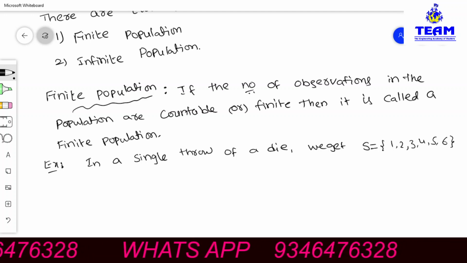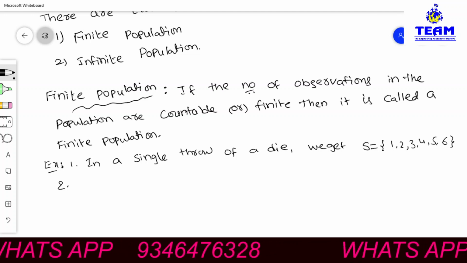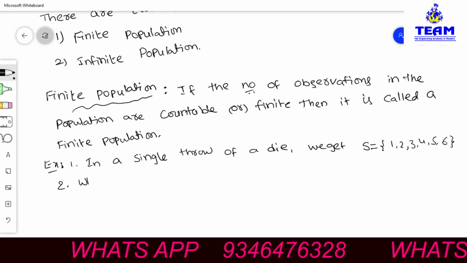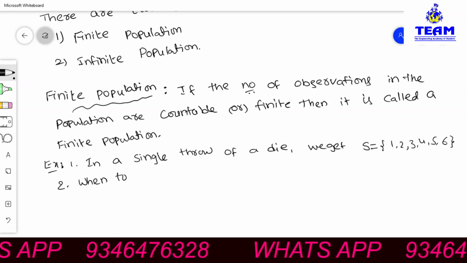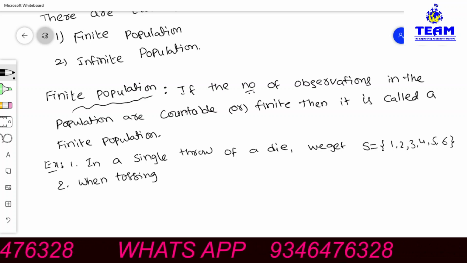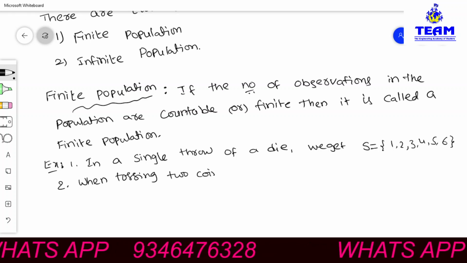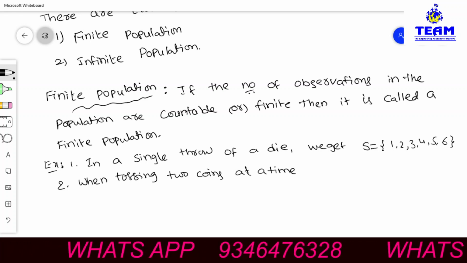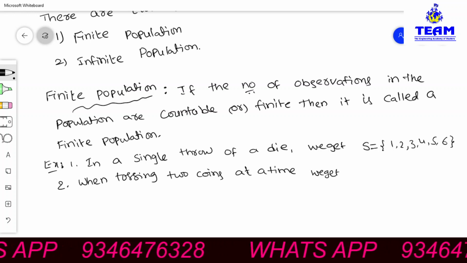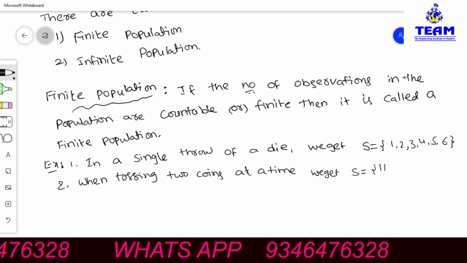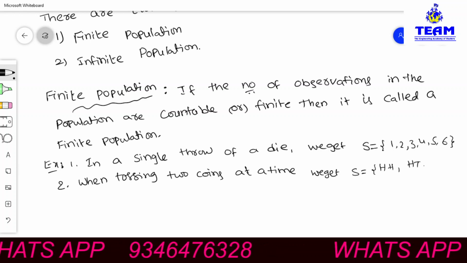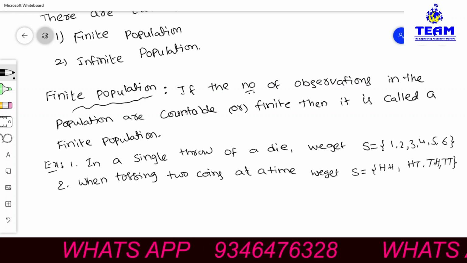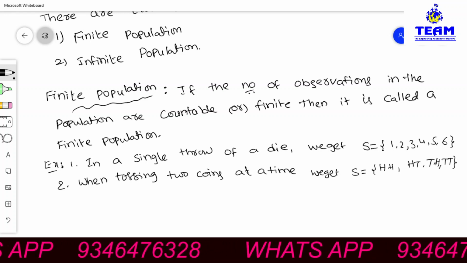In the same way, we can take one more example. When tossing 2 coins at a time, we get sample space as head head, head tail, tail head, tail tail, or the number of observations are 4, which is also countable, that is finite.